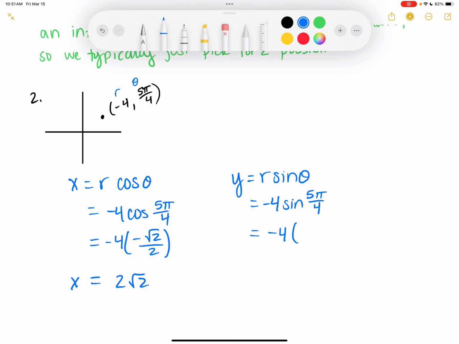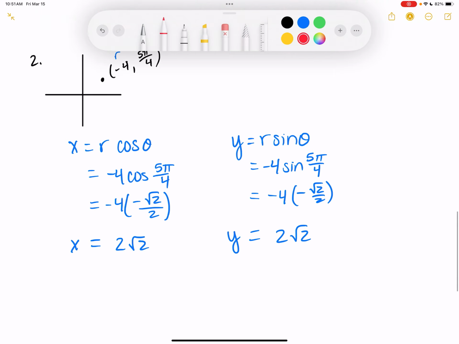So this one happens to work out to be the same, so that's going to be 2 root 2 as well. So then we would write it as a coordinate pair of 2 root 2. Whoa, that was a bad root. And 2 root 2. And that would be the answer that they're looking for, basically just rewriting it.